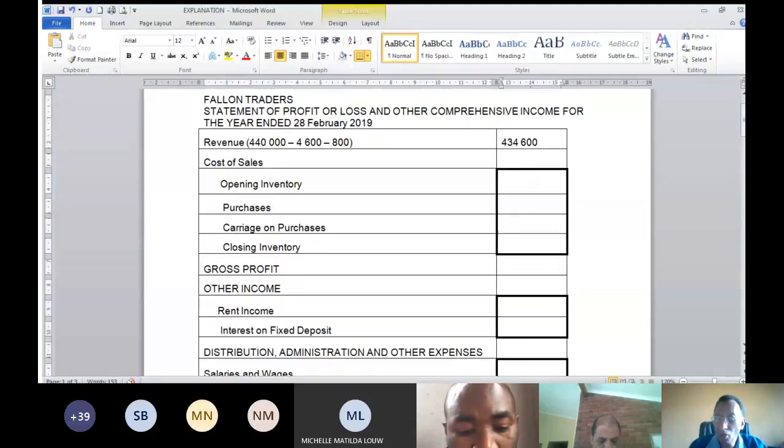So we are looking for the value of inventory on the 1st of March 2018. And if you go into your financial position account section, you will see that the value of inventory, guys, on the 1st of March was 55,000. Put that down as the opening inventory.